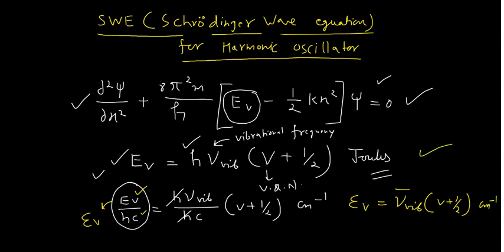Please remember, these relations are very, very important, and I have already explained all these things in my previous lecture, for which I have already given you the link. I hope this is clear. There is no problem in that. Now you can again find this nu wave, the vibrational energy. So what is the formula of this vibrational energy?